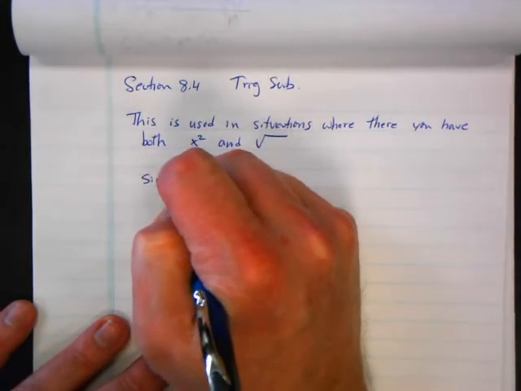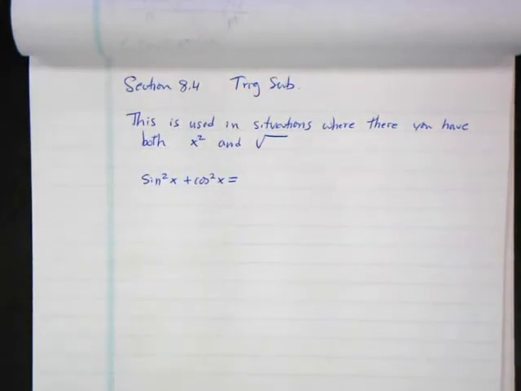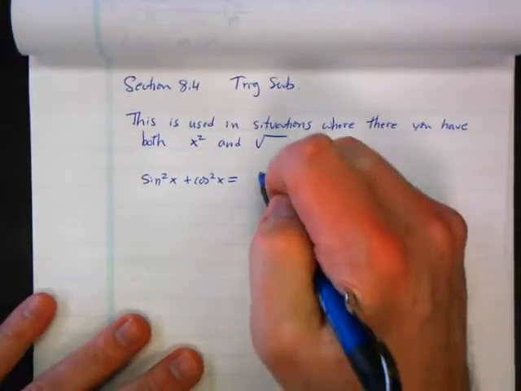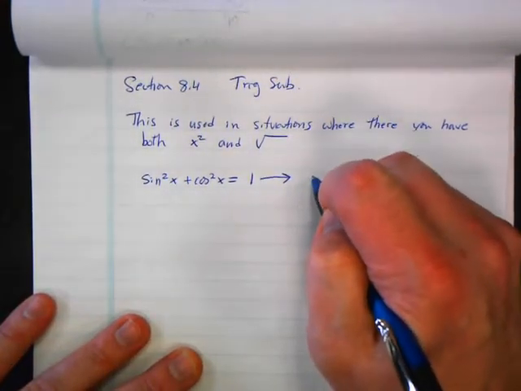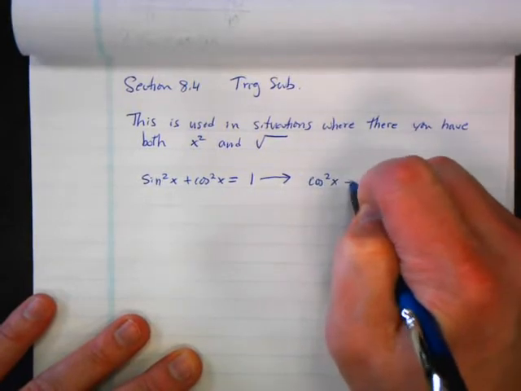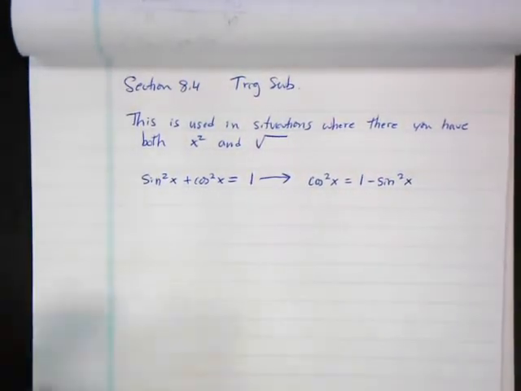Everybody usually remembers this formula. Sine squared x plus cosine squared x equals 1. Except I'm going to rewrite this formula. I'm going to rewrite it as cosine squared x equals 1 minus sine squared x.